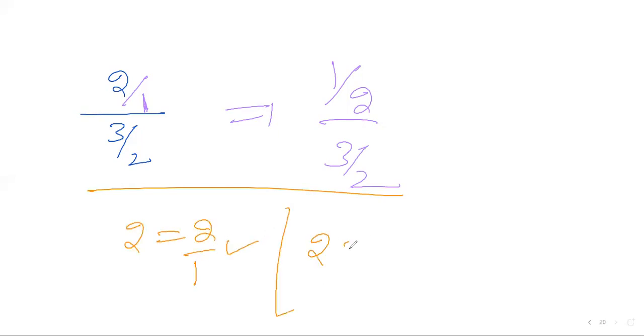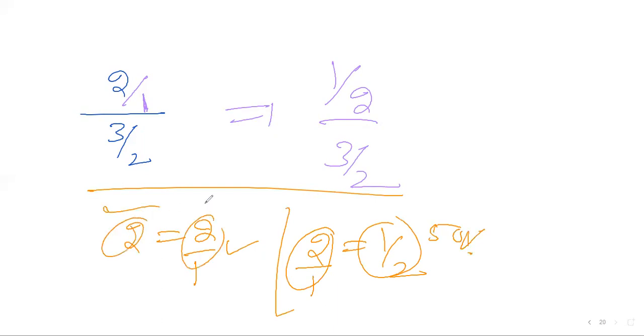But if you write 2 equal to 1 by 2, this makes a lot of difference. 2 is 2 rupees; 1 by 2 means half a rupee, 50 paisa. Both are different. Here 2 is 2 and 2 by 1 is also 2 only, both are the same. That is valid; the other is invalid. That is what you need to understand when you're doing the problem. So today we completed the basics of the mathematics of fractions for different kinds of models.